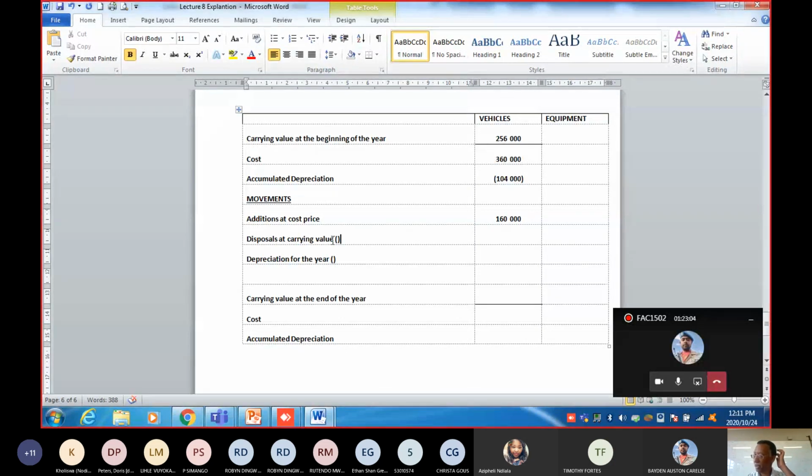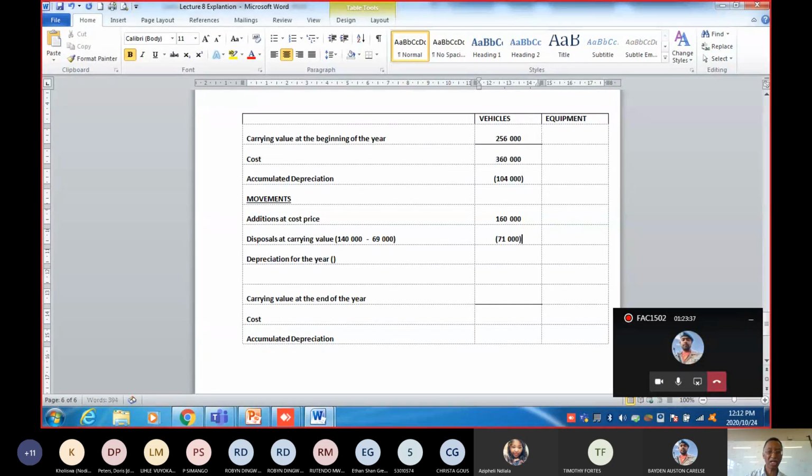Now remember, we disposed of a vehicle which had cost us 140,000 rand, and accumulated depreciation written off on the date of the asset realization was 69,000 rand, and your disposals at carrying value, you put in brackets 71,000 rand. That is the value, the carrying value of the asset that was sold.